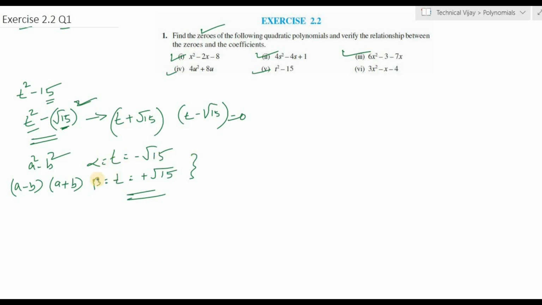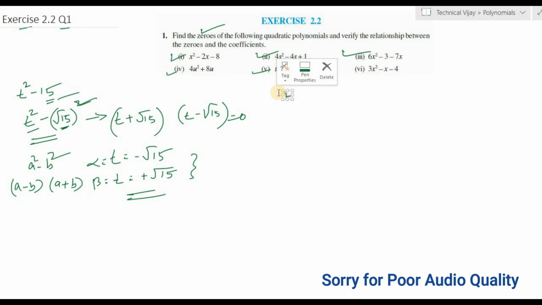Okay, now we will find out as per the coefficients of the equation, that is ax square plus bx plus c. Here this is t square minus 15. In this, a is equal to 1, that is the coefficient of x square or t square. b is equal to 0 because the b term is missing here. So c is equal to minus 15.